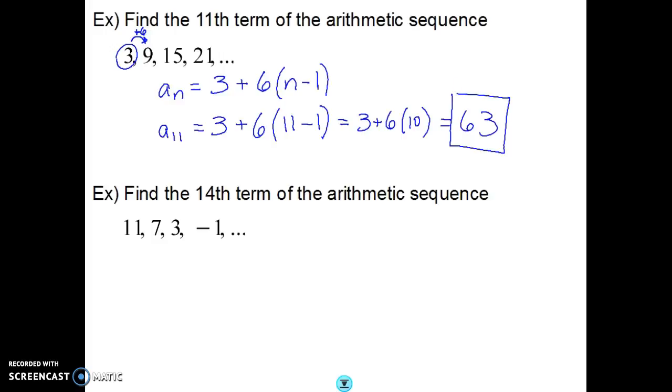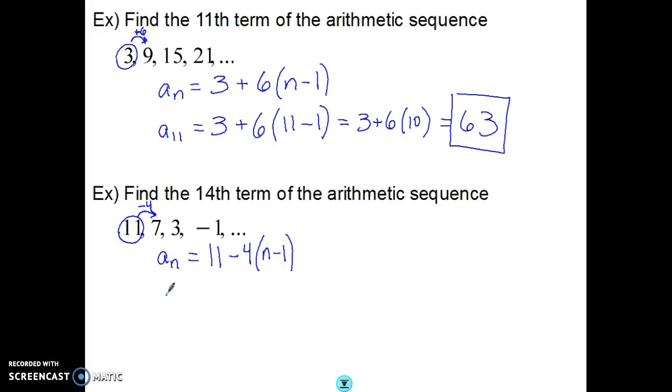Another example. Find the 14th term of the arithmetic sequence 11, 7, 3, negative 1. So again, we have our a sub 1, 11. And in this case, again, we can tell relatively easily our common difference is negative 4, because we go down 4. So we can fill in the blanks in our formula. a sub 1 is 11, and then we're doing minus 4 as our common difference this time, times n minus 1.